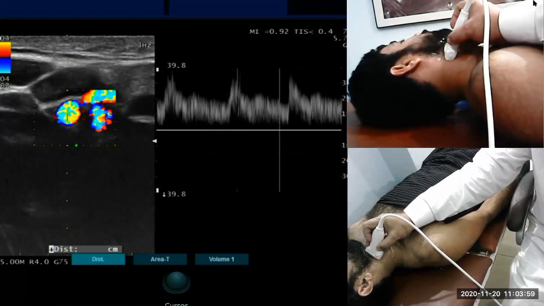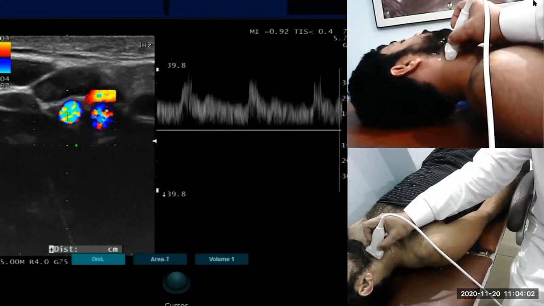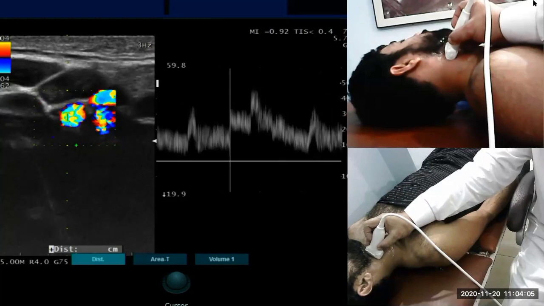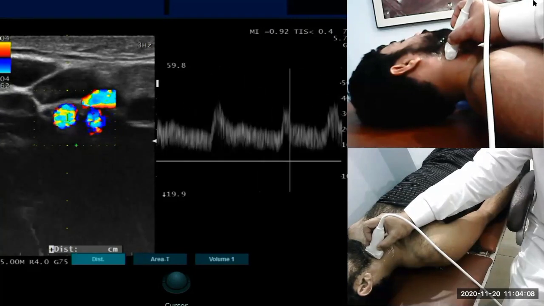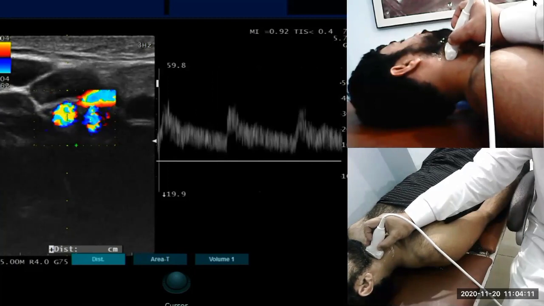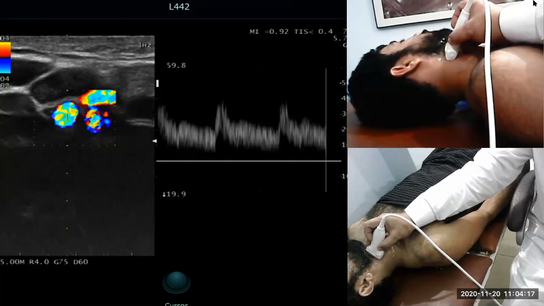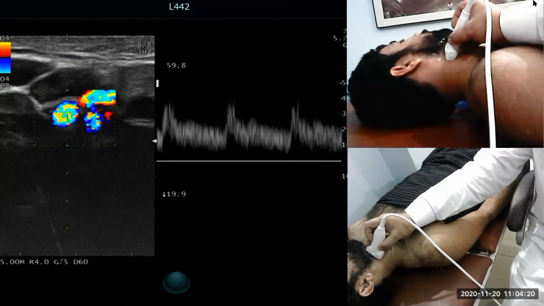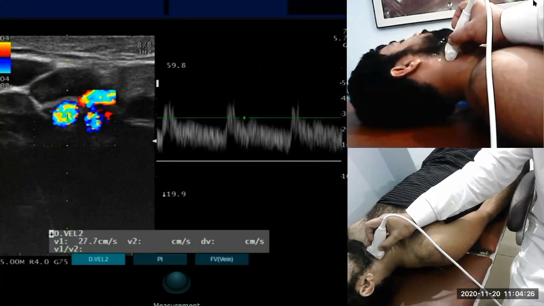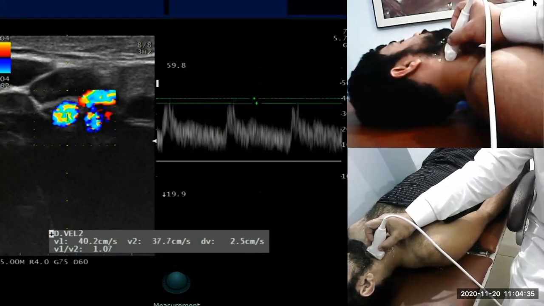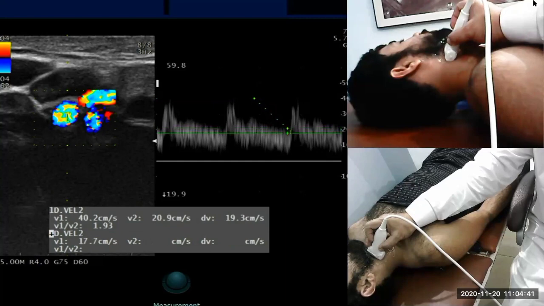You are looking upon the spectrum of one of the two branches of the common carotid, where you see the peak systolic at around 40 and the end diastolic at around 20.